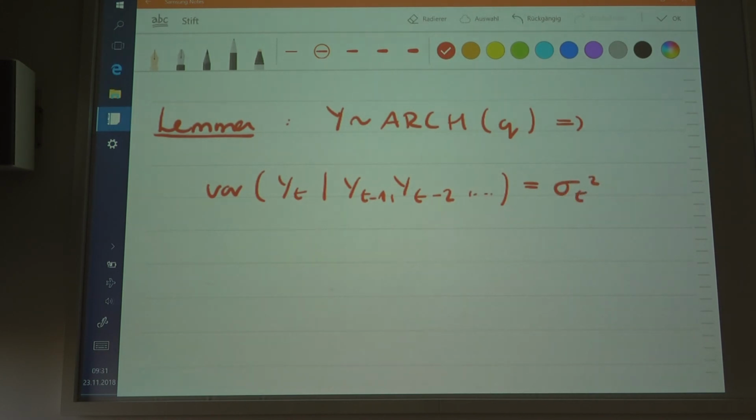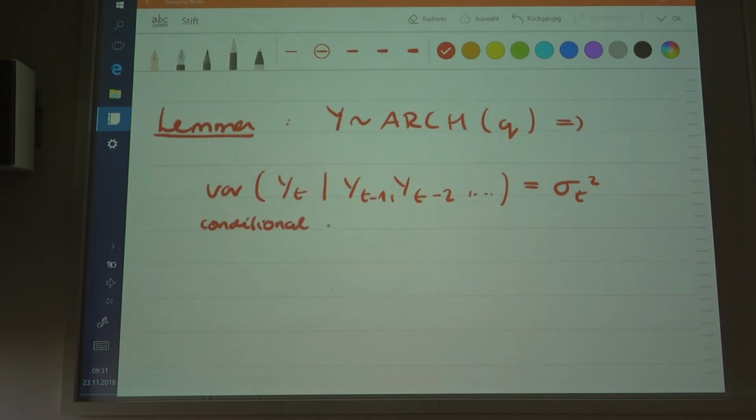So you can see that the conditional variance depends on time, although the unconditional variance might not be time dependent.